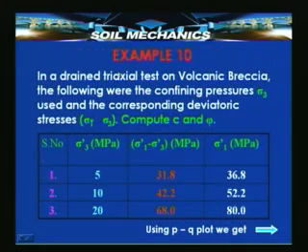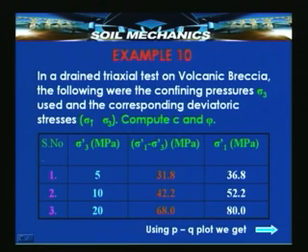Example 10 is a test on rock, because the triaxial test can also be conducted on rocks. But what is important to note is the kind of stresses that are required to make a rock sample fail under shear in triaxial conditions are much higher than what we require for soils.